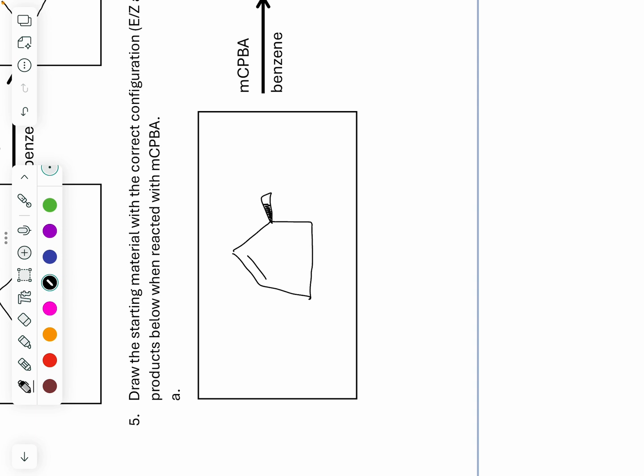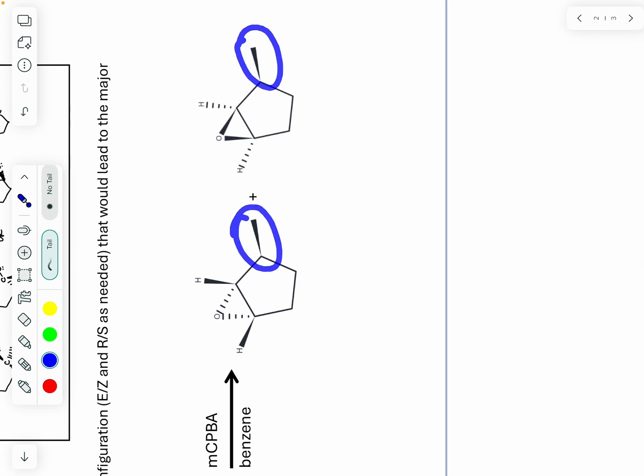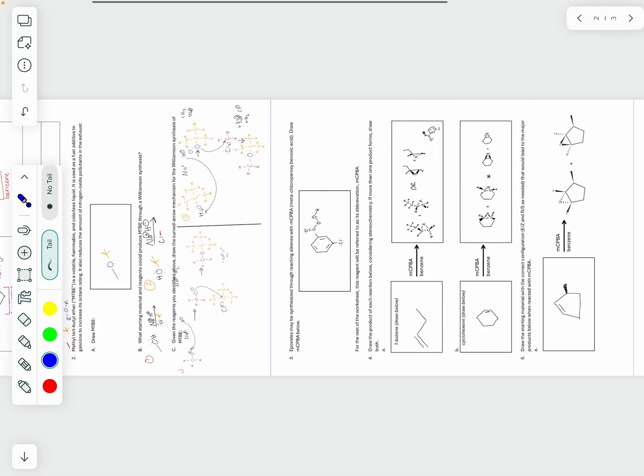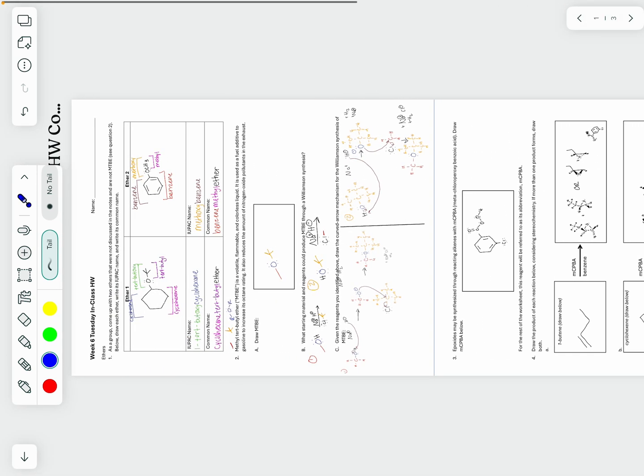And because this methyl group is not involved in the reaction, it's actually going to stay on that dash, because in both of these it's on a dash. Therefore the starting material has to stay a dash, because it's not influenced by the reaction at all. And that is how we solved week 6 Tuesday's homework.